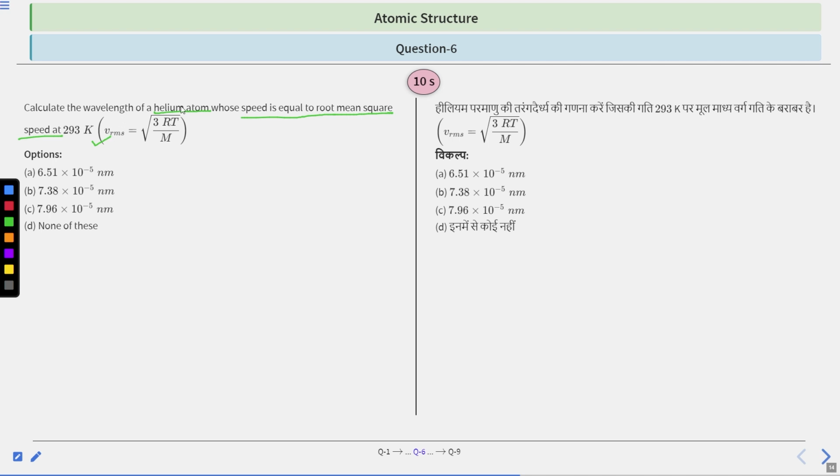We have to find the wavelength of a helium atom whose speed equals the root mean square speed, which is under root 3RT by M. Options are 6.51 into 10 to the power minus 5 nanometer, 7.38 into 10 to the power minus 5 nanometer, 7.96 into 10 to the power minus 5 nanometer, or none of these. So you have 10 seconds to solve this question. After that, we will see the answer.